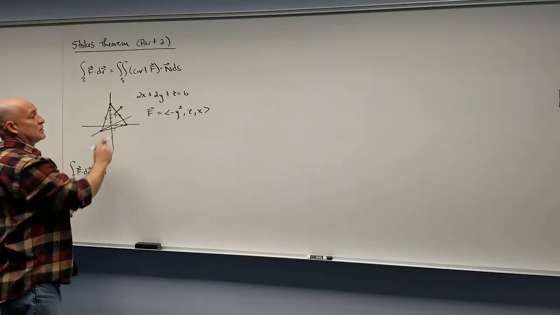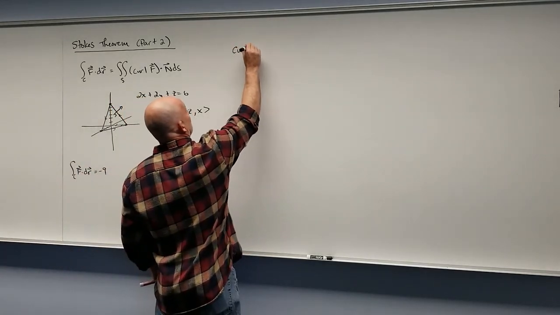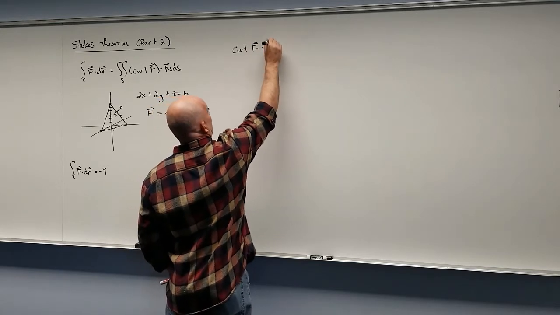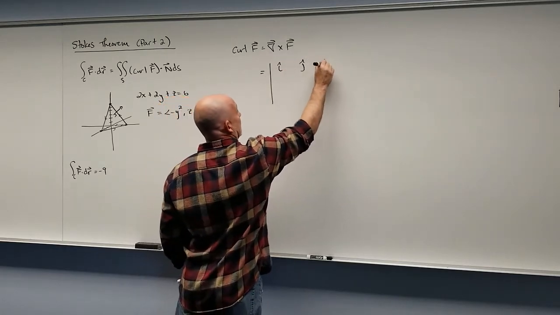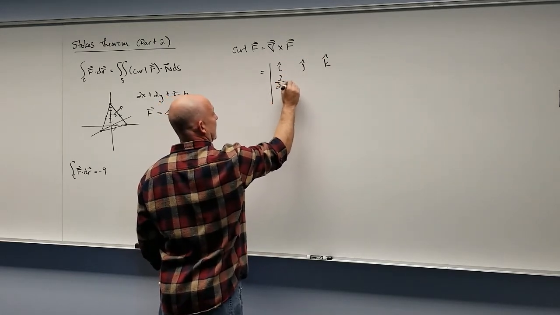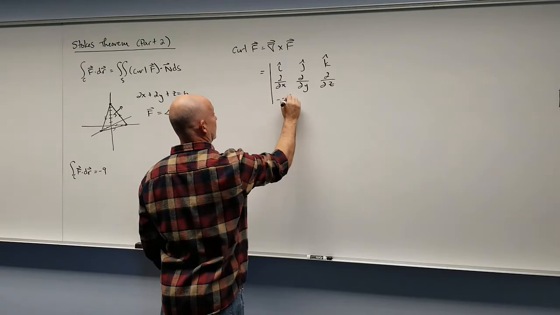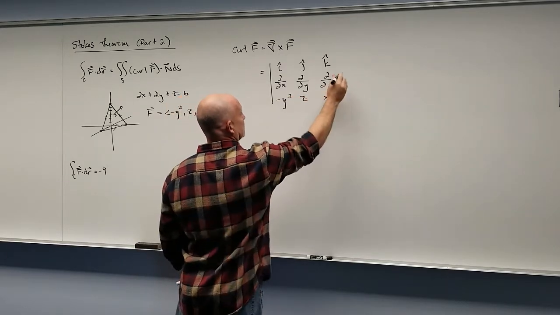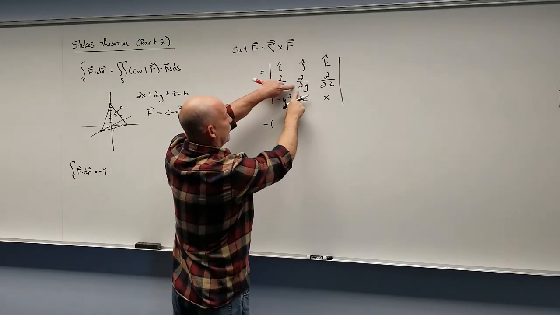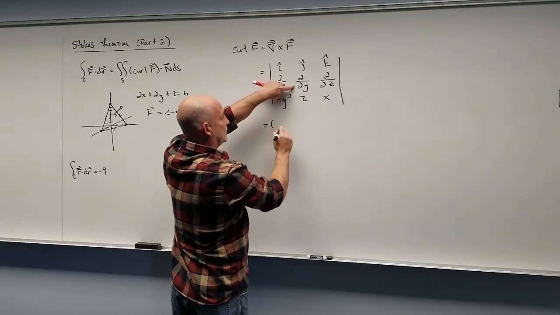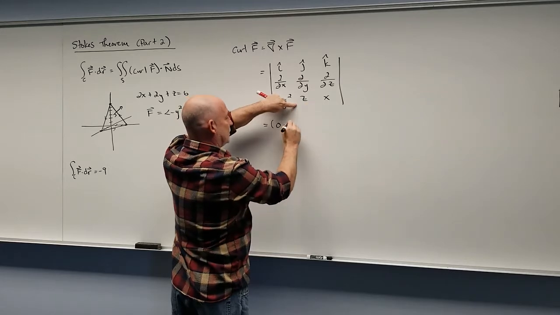All right, so the major part of this, let's see if we can find the curl of F. So the curl of F, remember, is del cross F, which is going to give us i, j, k, partial with respect to x, partial with respect to y, partial with respect to z, and our field is -y squared, z, and x. In the i direction, it's going to be the partial of x with respect to y, which is 0, minus the partial of z with respect to z, which is 1.